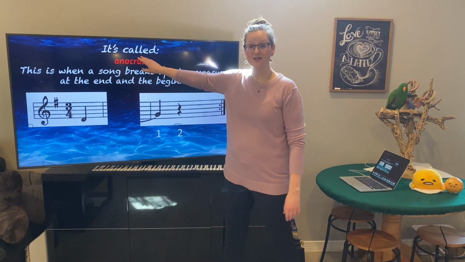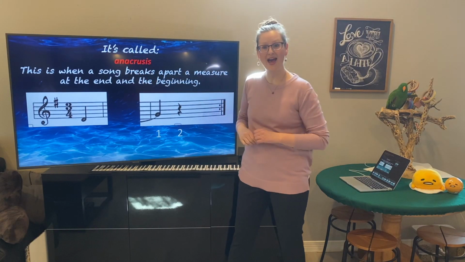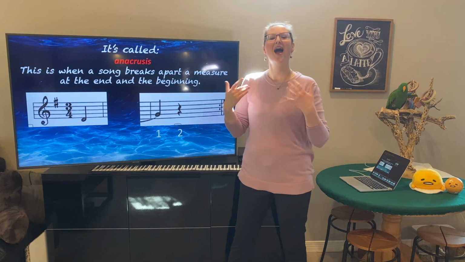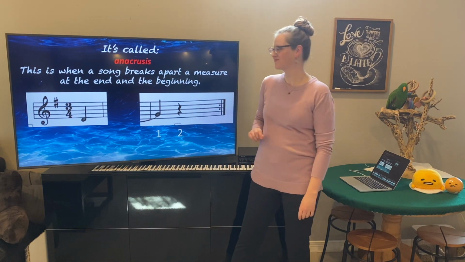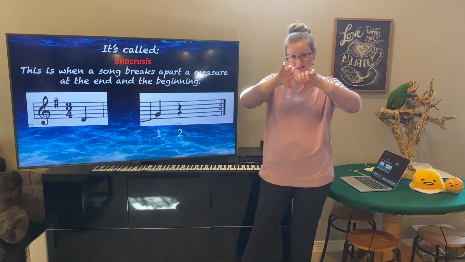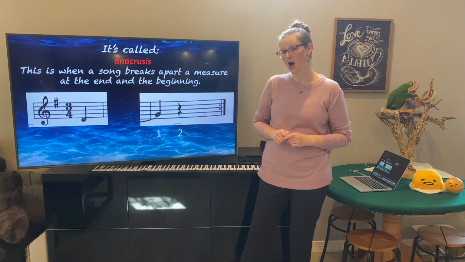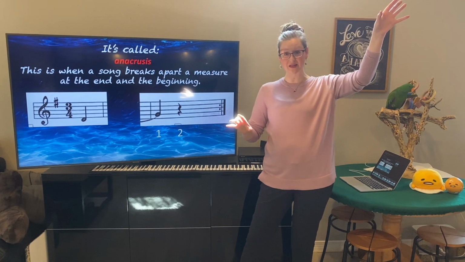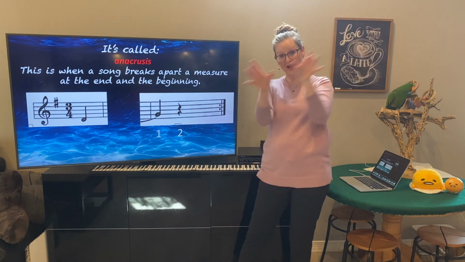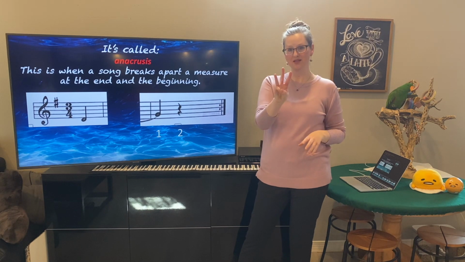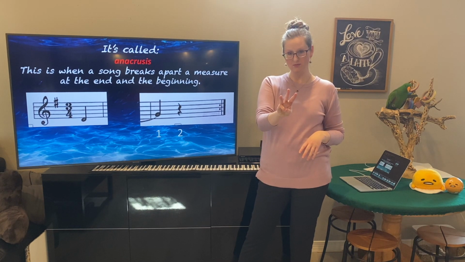It's called anacrusis. Can you say anacrusis with me? Anacrusis, okay? And this is not a place. It's when a song breaks a measure apart into two pieces at the very beginning and the very end. Those two pieces combined make 3 beats total between them.